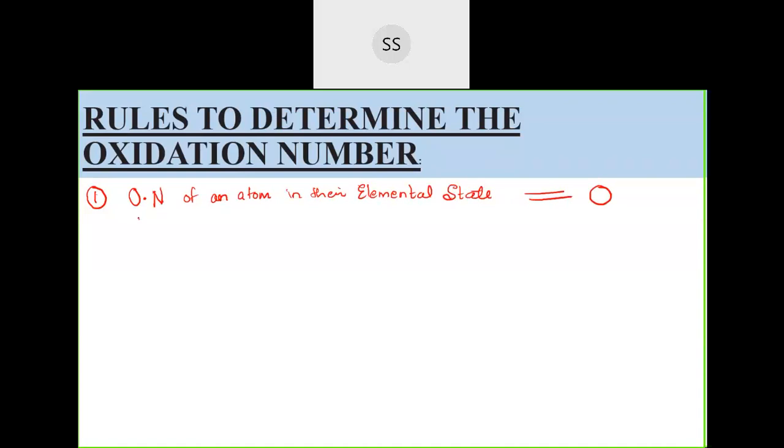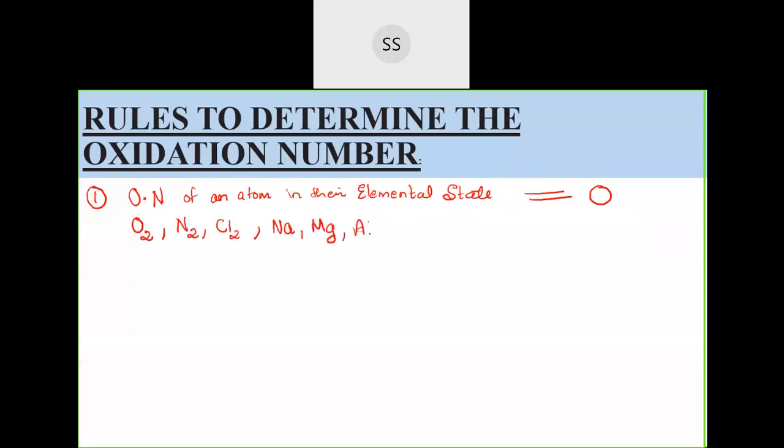If I ask about the elemental state of oxygen, in which state does it naturally exist? O2, correct. Nitrogen exists as N2, chlorine as Cl2. Metals don't combine, they exist alone, like Na, magnesium, aluminium.